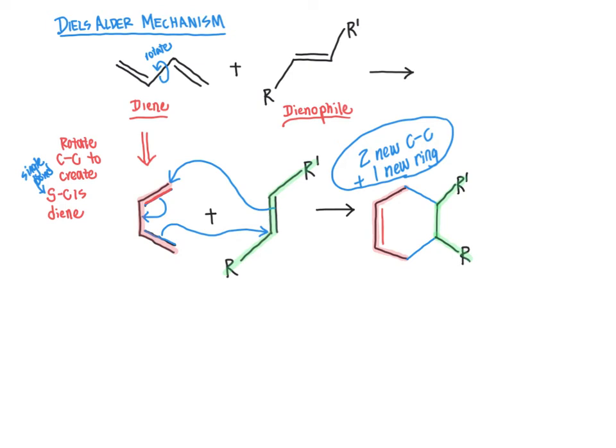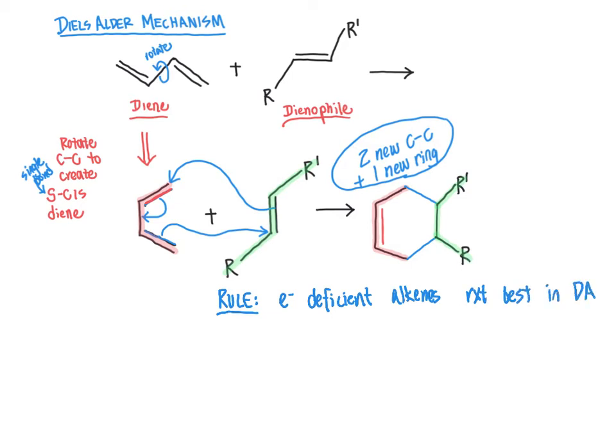And so I'm going to go ahead and write that down, as a rule here. When we're thinking about what will make a Diels Alder reaction favorable, the rule is that electron deficient alkene groups react best in Diels Alder.